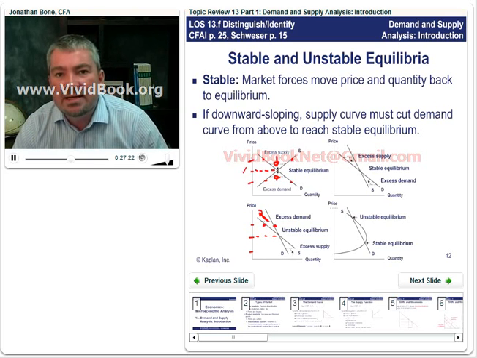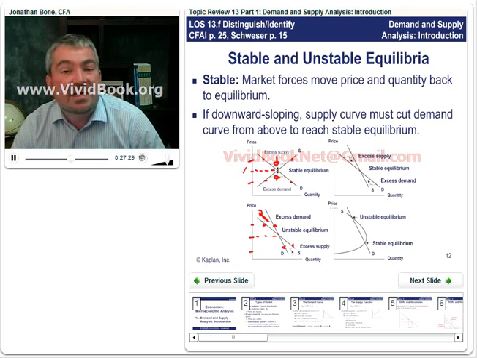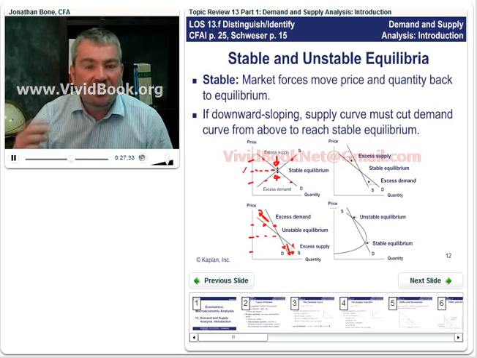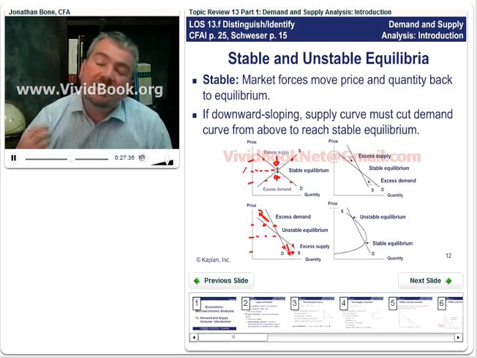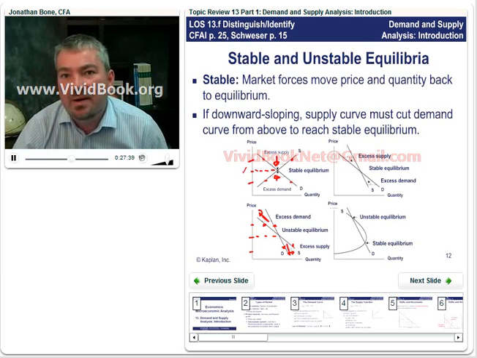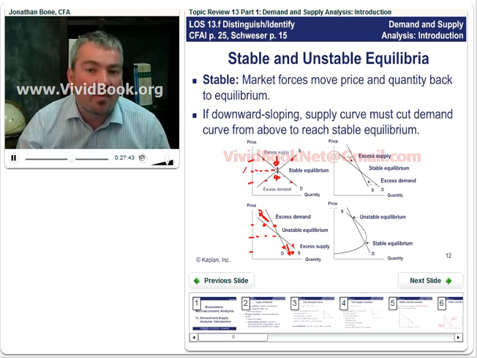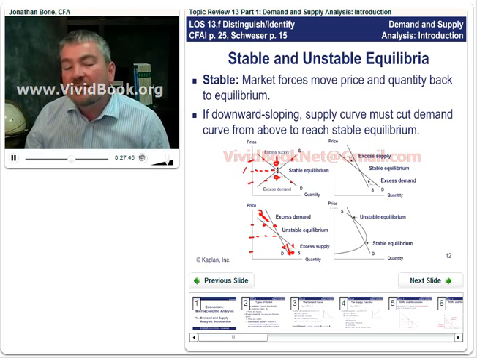Notice with a price that is essentially below the crossover point, here's demand, here's supply. We've got excess supply, which is going to force prices even further downwards. So we're going to move in that direction. So notice there's no tendency in this diagram for us to move back to the equilibrium point. When price moves away from equilibrium, whether it's above equilibrium or below, it then moves further and further away.